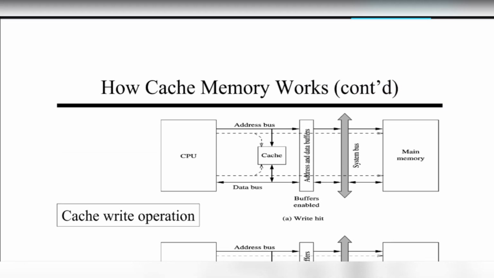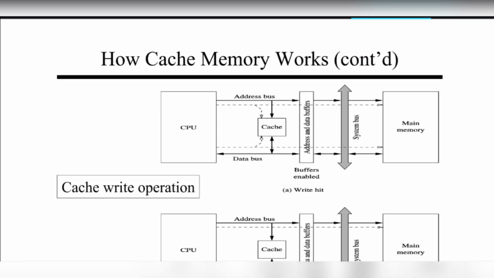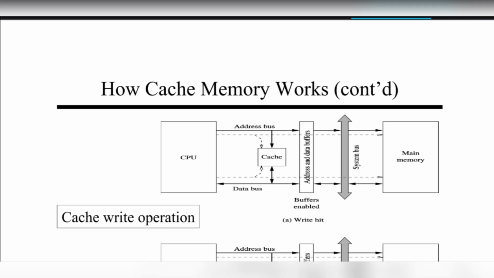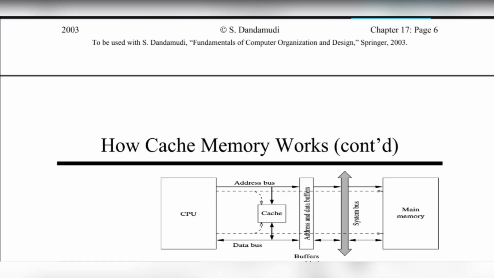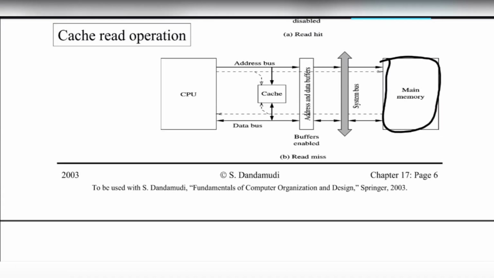Here is also our cache write. First of all, you have to understand that our data is not stored in the cache. Our system stores the address of the data. The CPU sends the address, where the data in main memory is needed.